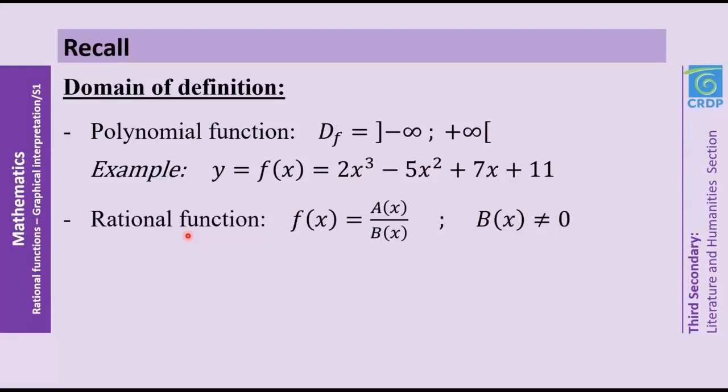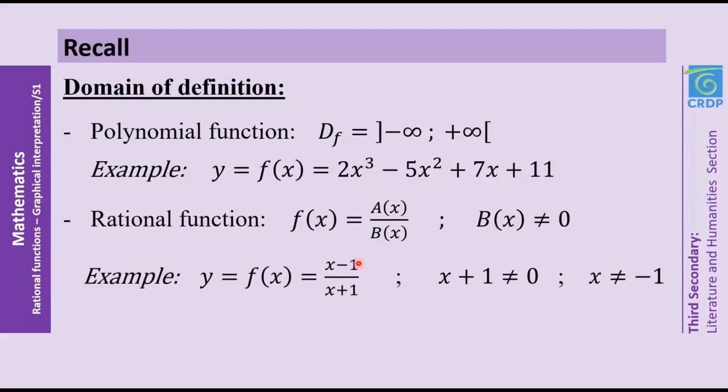For rational functions, which are represented as fractions, the domain of definition is defined such that the denominator b of x should be different from 0. For example, here's a rational function with x plus 1 as the denominator. So x plus 1 should be different from 0 and x should be not equal to minus 1.